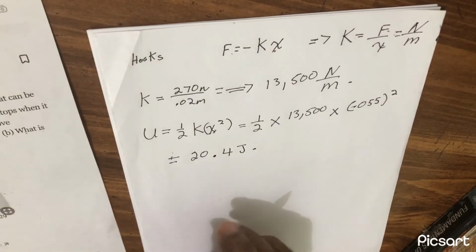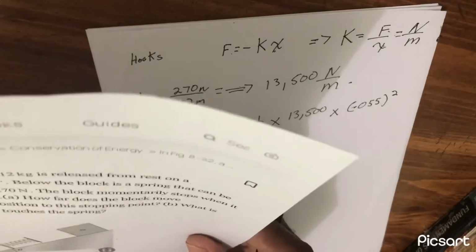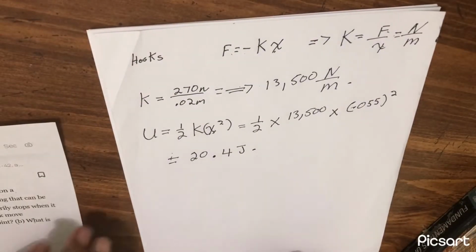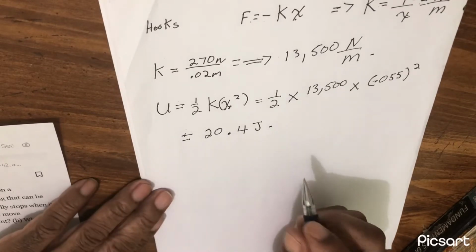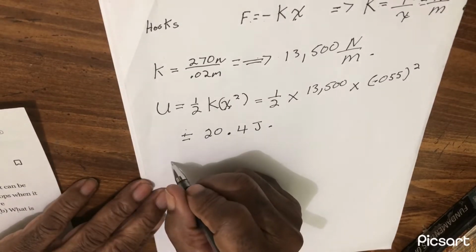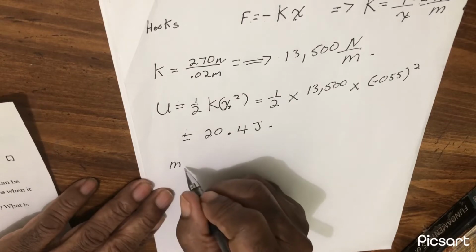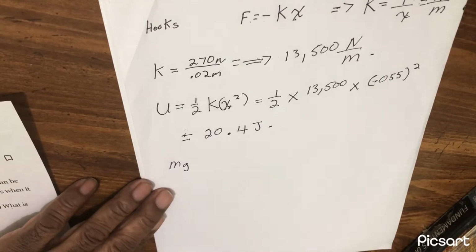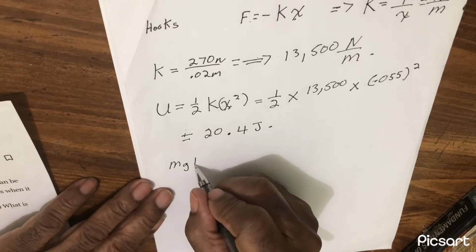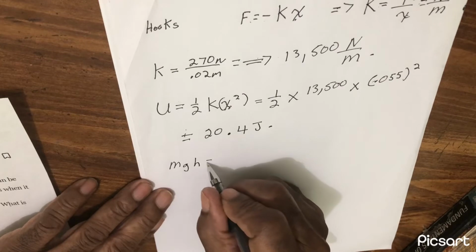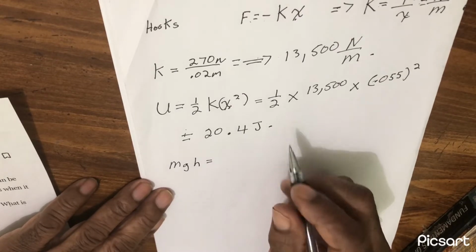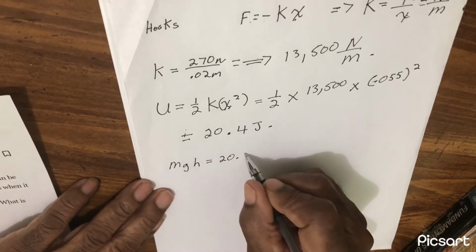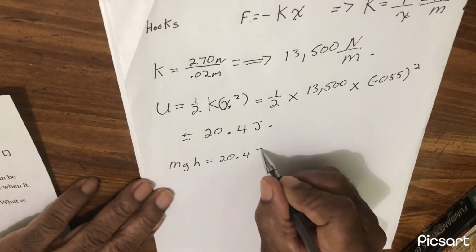Now that we have how much energy is available, let's go to our potential energy formula, which will be, in this case, mg, this is usually h, for the height, is equal to 20.4 joules.